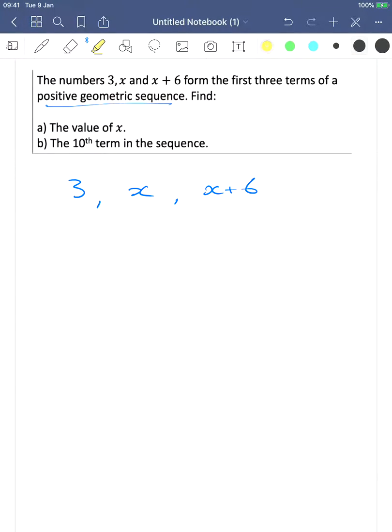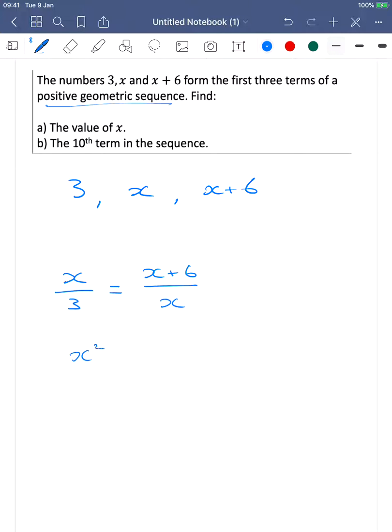So I'm going to describe my common ratio in different ways. First of all, it can be the second term divided by the first, and that will be equal to the third term divided by the second. Right, let's solve this.